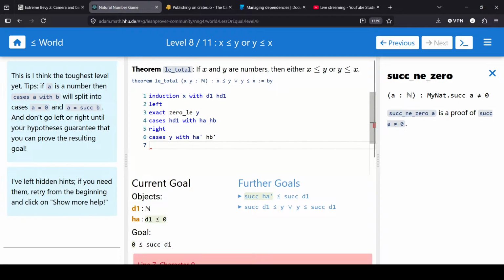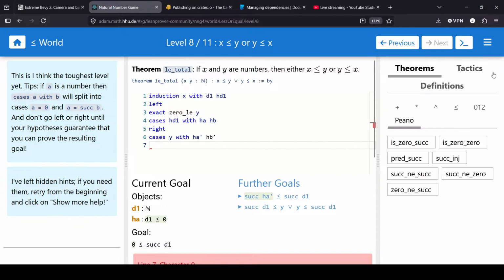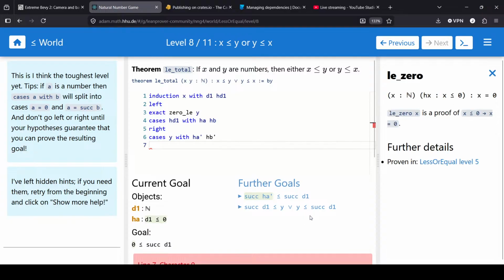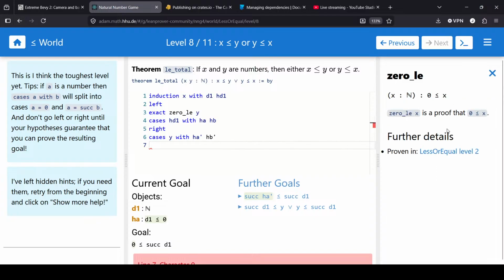I mean, this is something I can prove. Le 0 or yeah, 0.